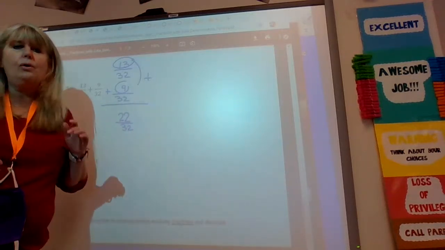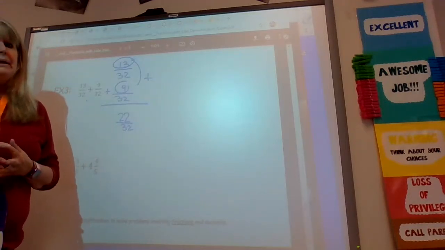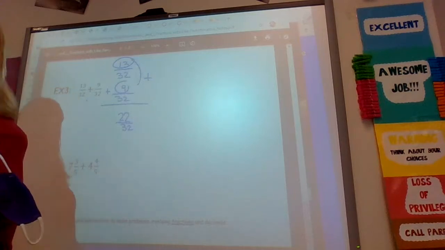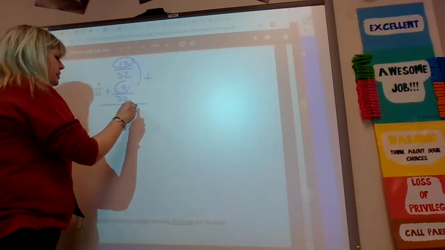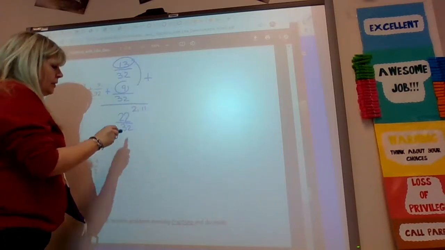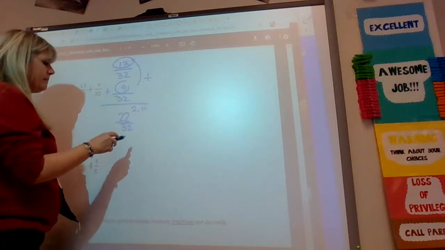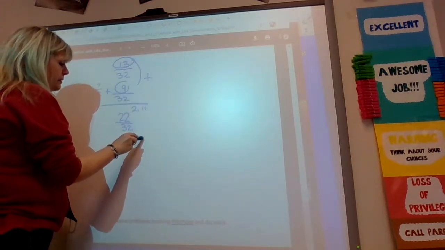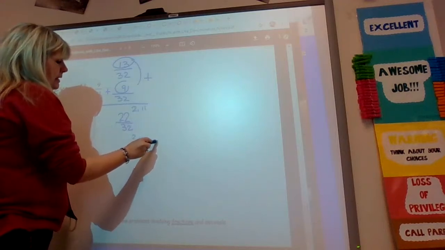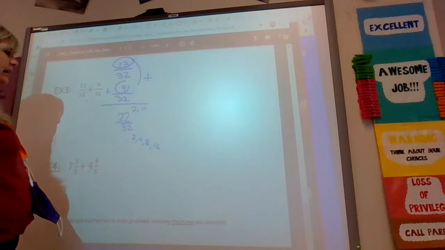Now I already know that since this ends in an even number, I probably can reduce this down. So when I think about the factors of 22, I know 2 and 11. When I think about the factors of 32, there's lots of them. There's 2, there's 4, there's 8, there's 16, and I think that's it. I don't think I've forgotten anything.